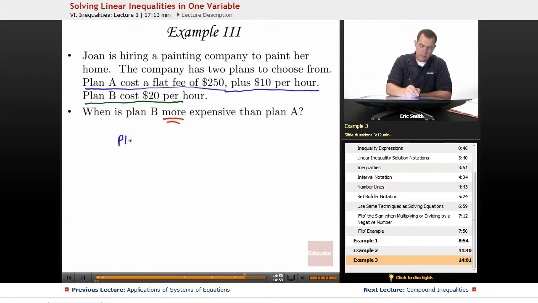So let's have Plan A, and let's go ahead and have Plan B. We need an unknown here, so let's say x is the time to paint the house.